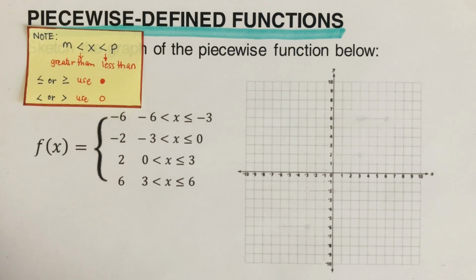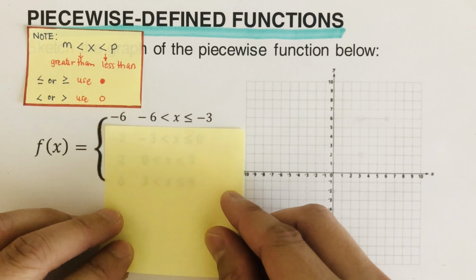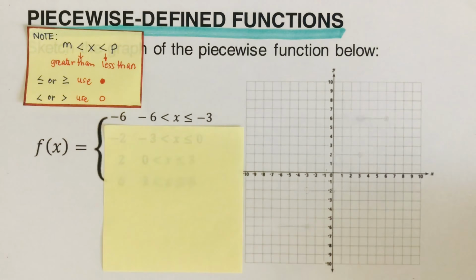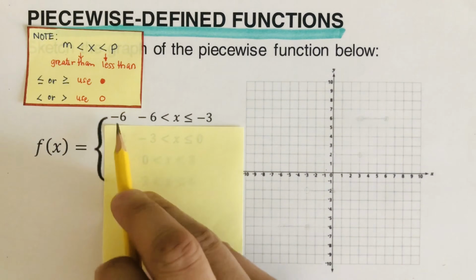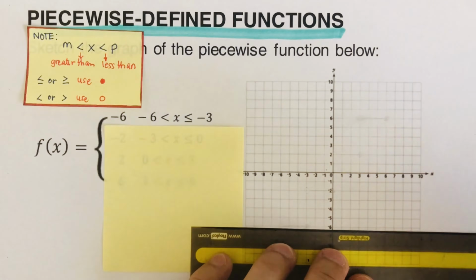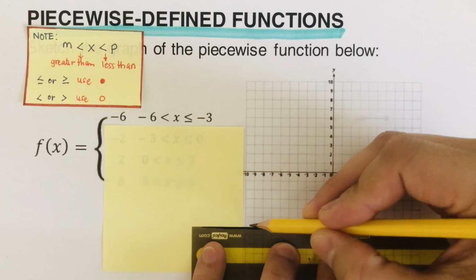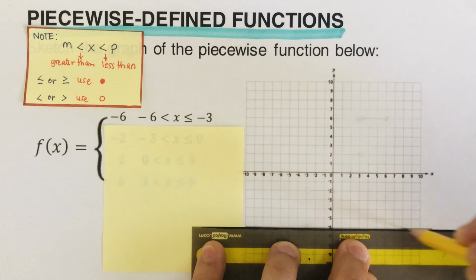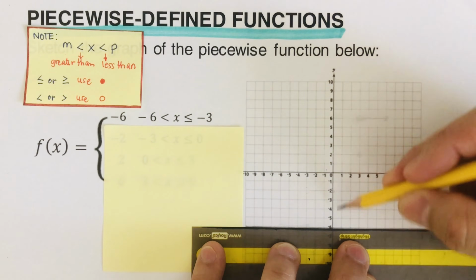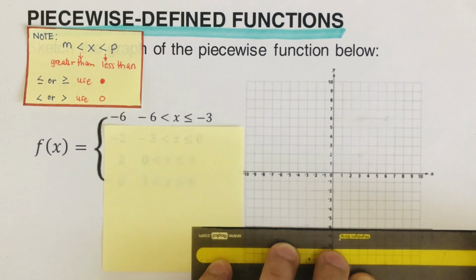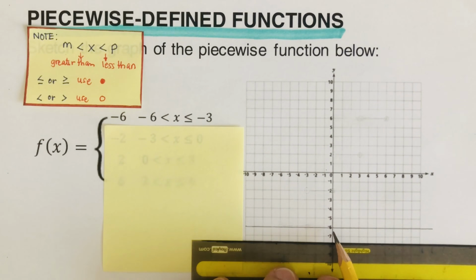The first thing we need to do is graph. Let's take one at a time. Let's take this first part of the function. We can say that f of x is equal to -6. F of x is equal to -6 is a horizontal line on this y-axis, so that would be -6 right here. But the condition says we only consider x greater than -6.